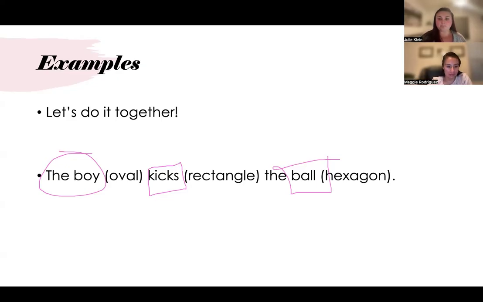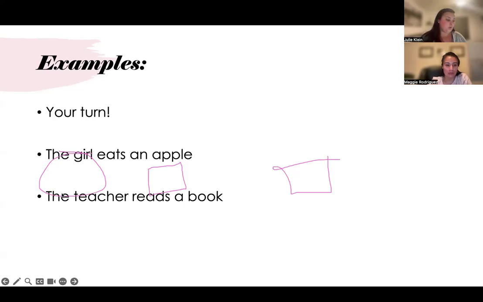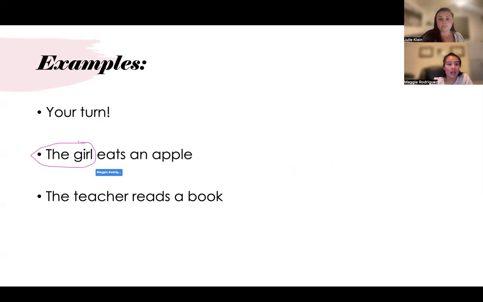So now we are going to do some examples. We're going to use shapes to build each sentence and draw them in the boxes. All right. So what is going to be our subject, our oval? The girl. Yep. And what's going to go in our square? Eats. Good. And what's going to go in our hexagon? Apple.